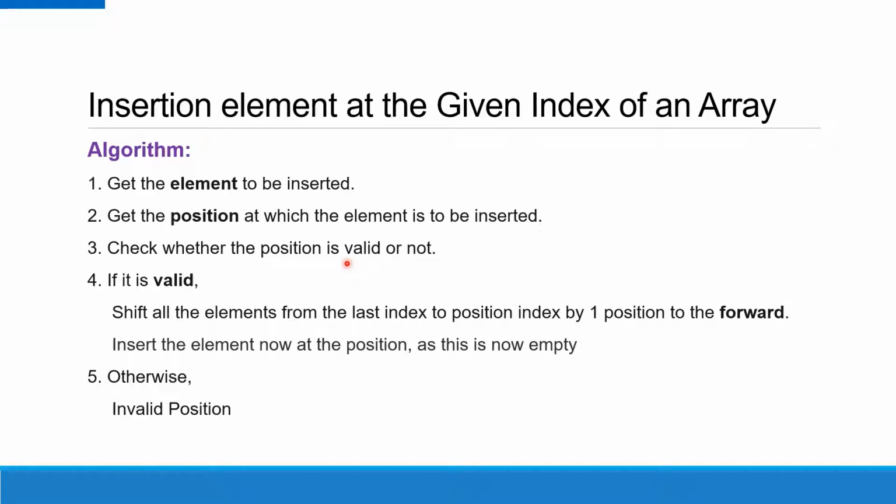For example, let's consider my size of the array is 5, so that I can hold elements from 0 to 4. 5 elements I can hold. If in that array of size 5, I want to insert a new element at position, let's say 8, it is not possible because the size is 5 and the index values are 0 to 4.